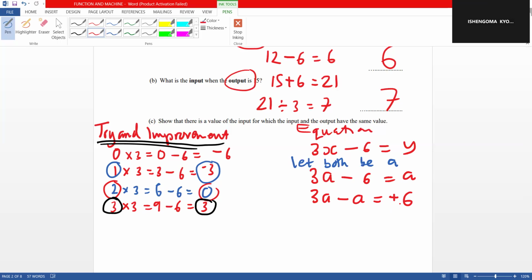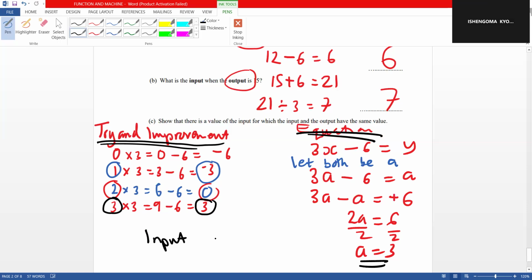But remember, 3A minus A, I will get 2A is equal to 6. I divide by 2, hence I get 3. Hence now, I know using equation, I got 3, and using trial and improvement, I get 3. So here, my input was 3, and I got output as 3. Thank you so much.